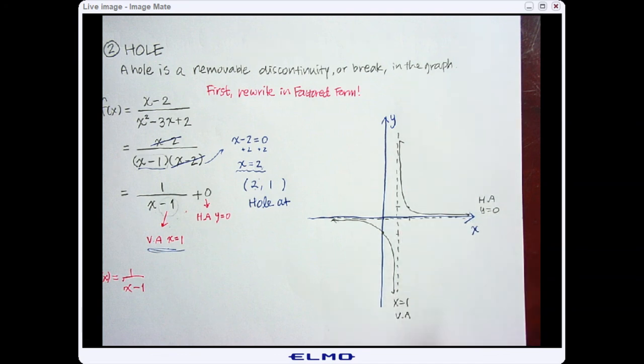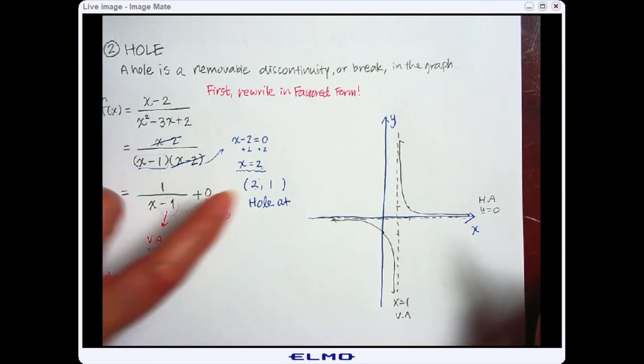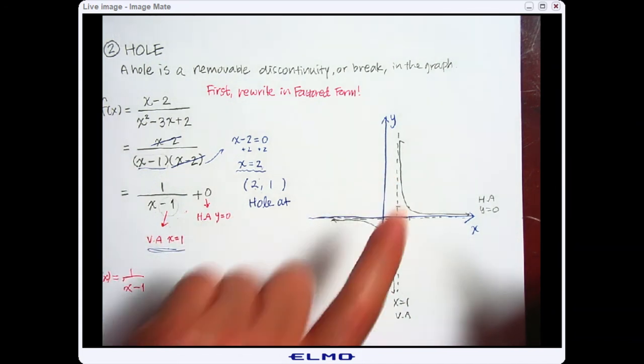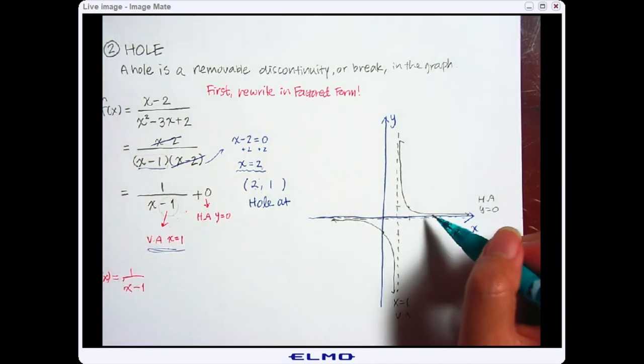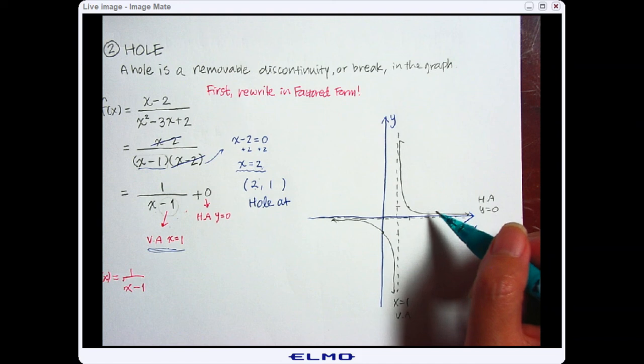Or if it's too much, it's always a good idea for you guys to pick 2 or more testing points around the asymptote, and then you can plot and connect. But since this one has no dilation, I can just follow the original shape from the parent function, and then I just got it faster. But you can always do that, and it's still going to give you the same result.